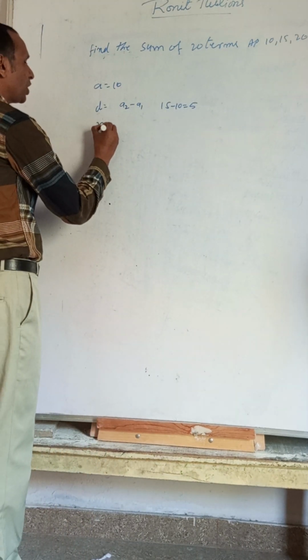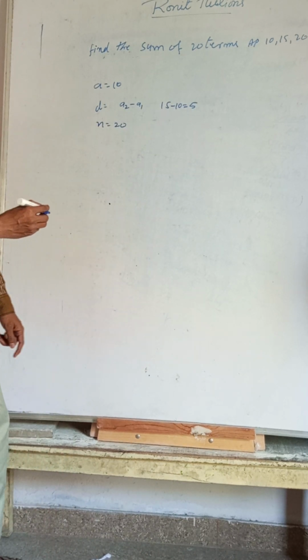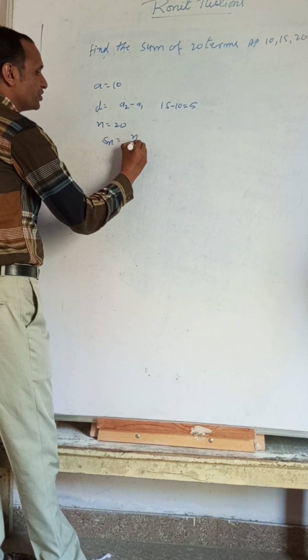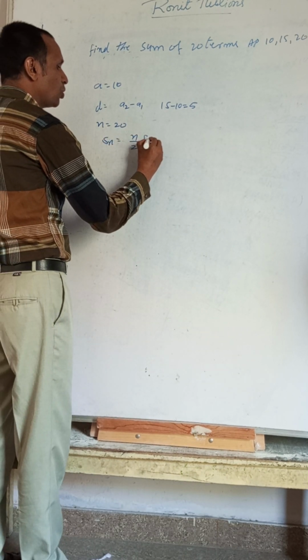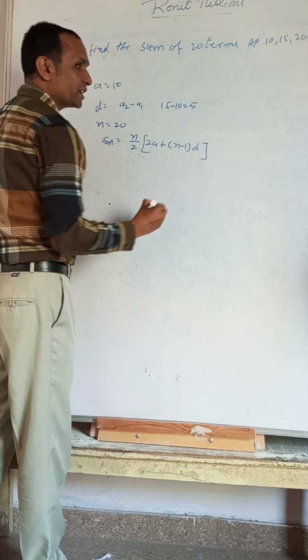Now, how many terms are asked? 20. The number of terms asked is 20. How to find the sum? The formula is Sn is equal to n by 2 into 2a plus n minus 1 into d. That is for finding the sum.